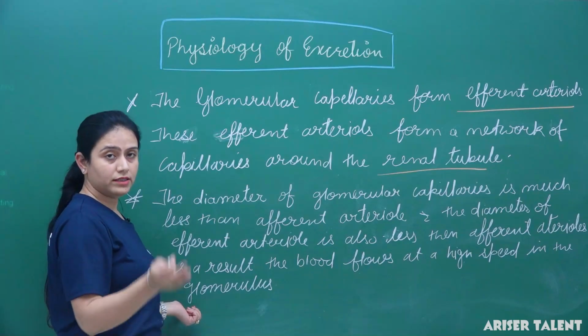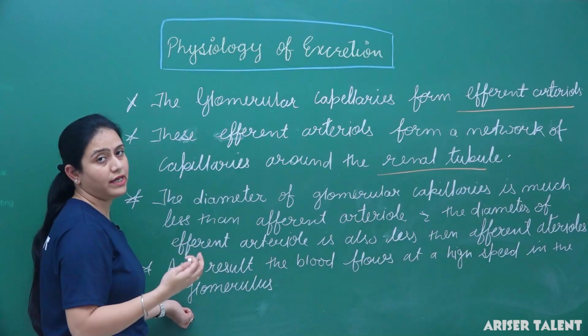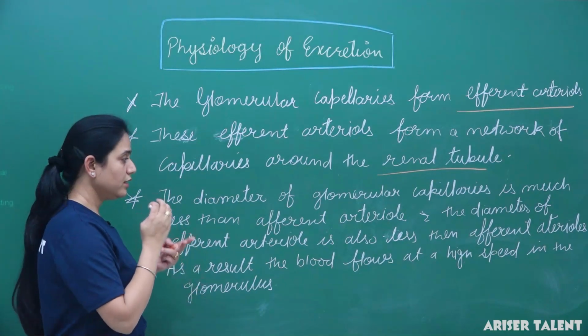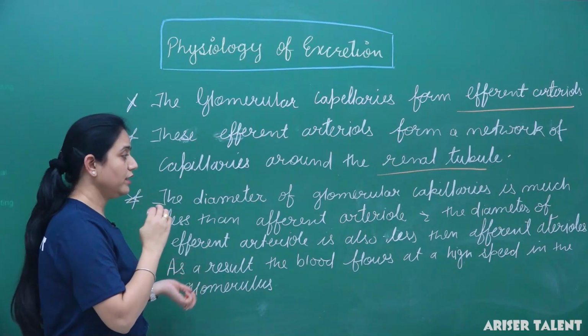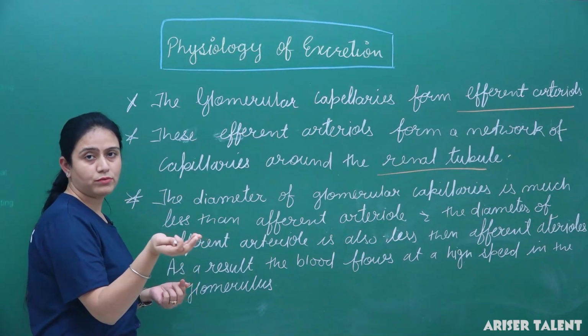And the result of this high speed flow of blood, or we must say the result of high hydrostatic pressure, is that it causes the plasma to ooze out from the glomerulus to the Bowman's capsule.